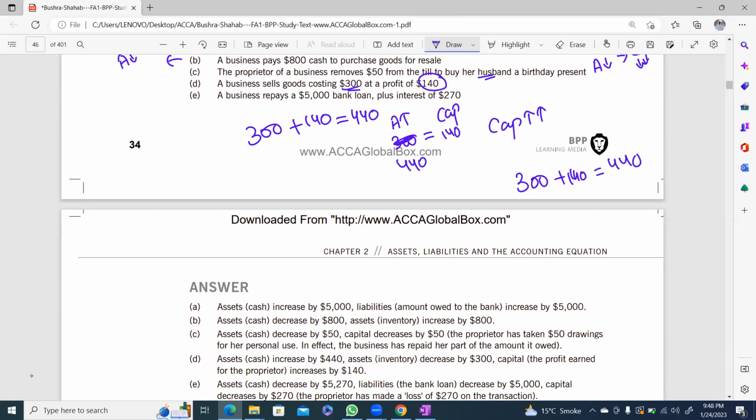Because it's repaying, liability would decrease, and interest is $270. They are paying both the bank loan and interest at the same time. Yes, exactly. So interest is an expense, and the bank loan is a liability.